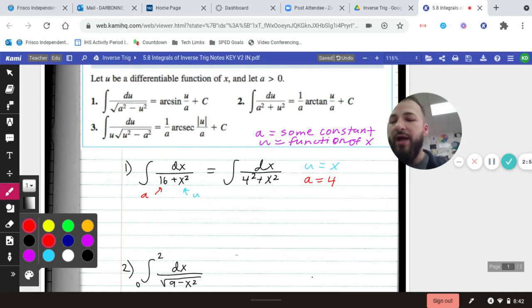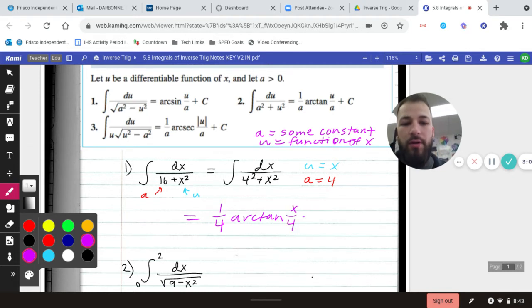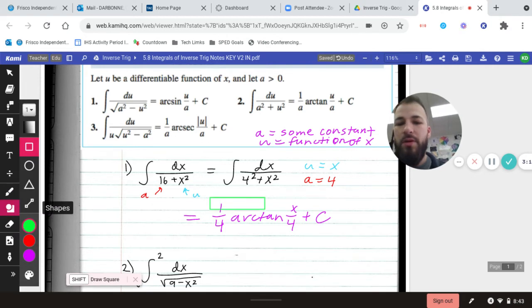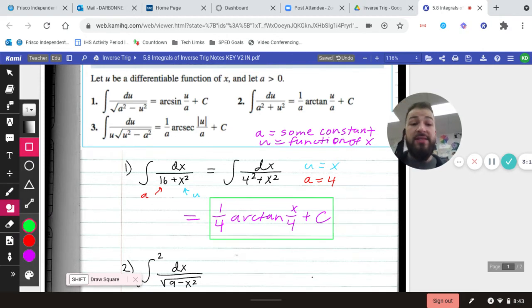So I can just straight up apply the formula. So my integral becomes 1 over a, so 1 over 4, arctangent of u over 4, so x over 4, and then plus c. And that's it.